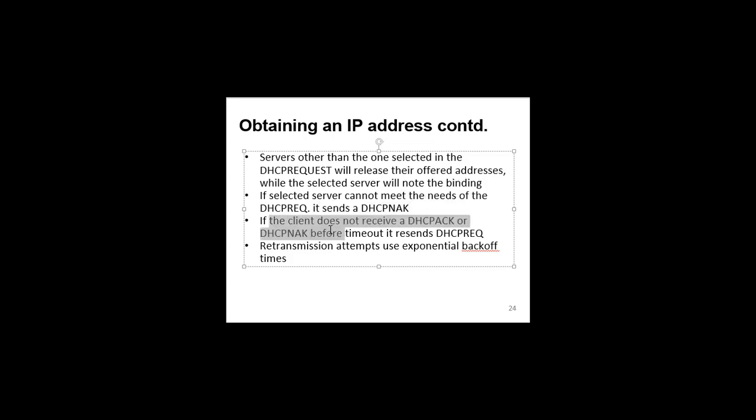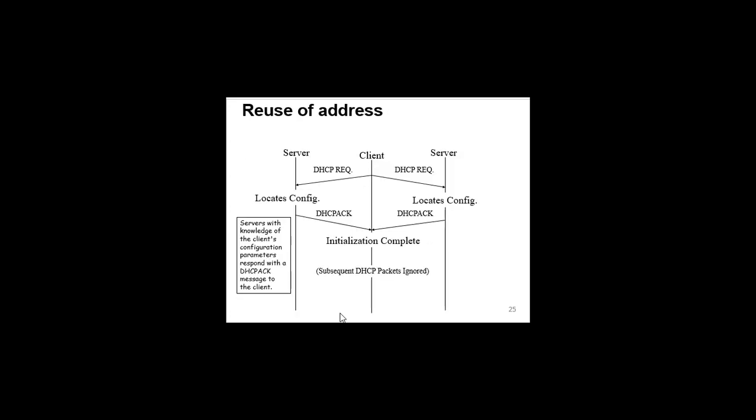If the client does not receive a DHCP acknowledgement or DHCP NAK before timeouts, it will retransmit the DHCP request, because you see that this process will continue. This is a loop, and it will continue unless and until the message has been received and you have received your IP address.